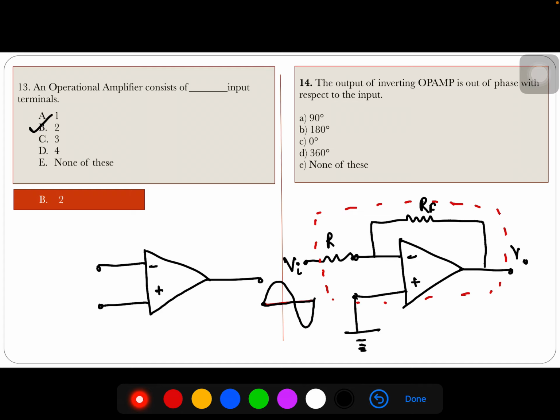If you apply Vi like this, at the output certainly this will be amplified because op-amp is an amplifier, but as it is inverting, it will invert the input. That means output and input are both out of phase, and out of phase means 180-degree phase difference. So the correct option is B.